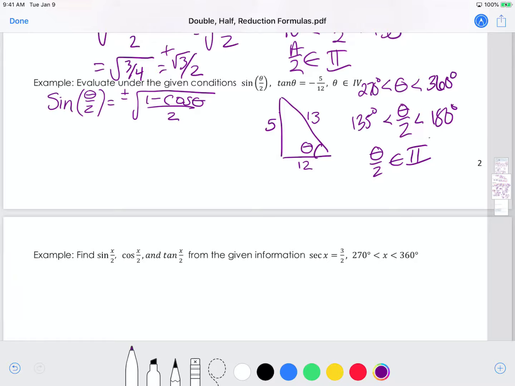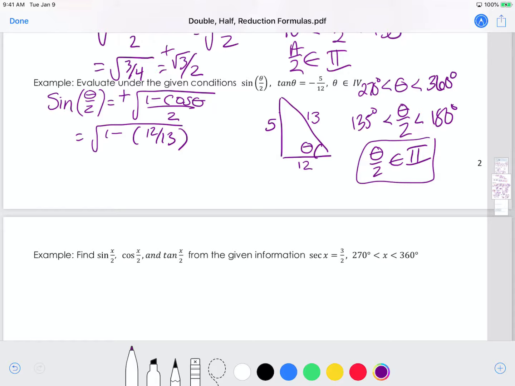Because theta over 2 is in the second quadrant, and we're trying to find sine of theta over 2, we are going to use the positive square root because sine is positive in the second quadrant. So I have 1 minus the cosine of the angle. Cosine is adjacent over hypotenuse, which is 12 over 13.